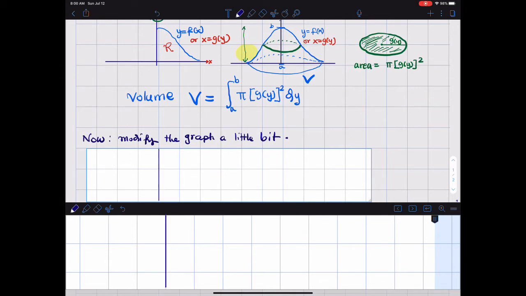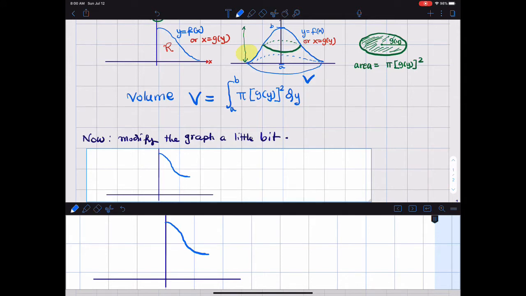So I have this line, the axis. I'm just going to move it up. It won't be to scale, but I'm just going to move it up like this. Okay.